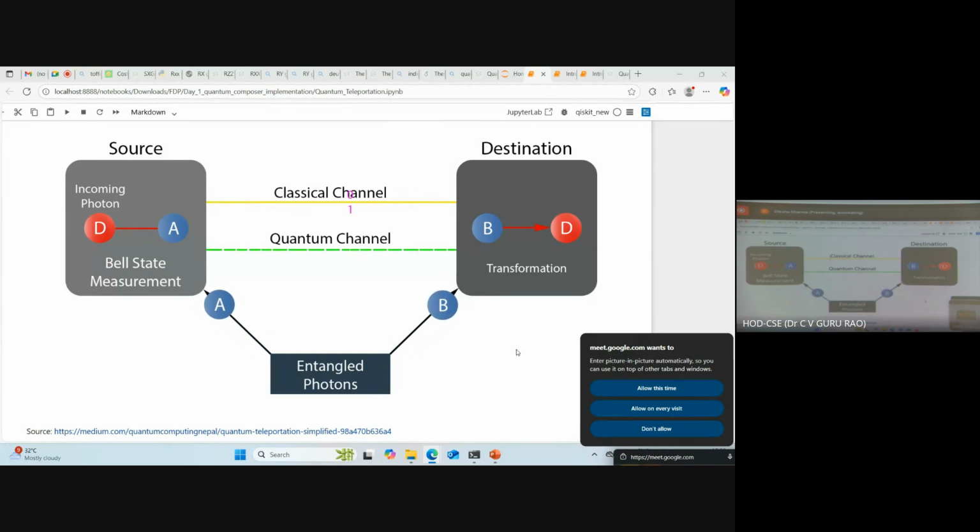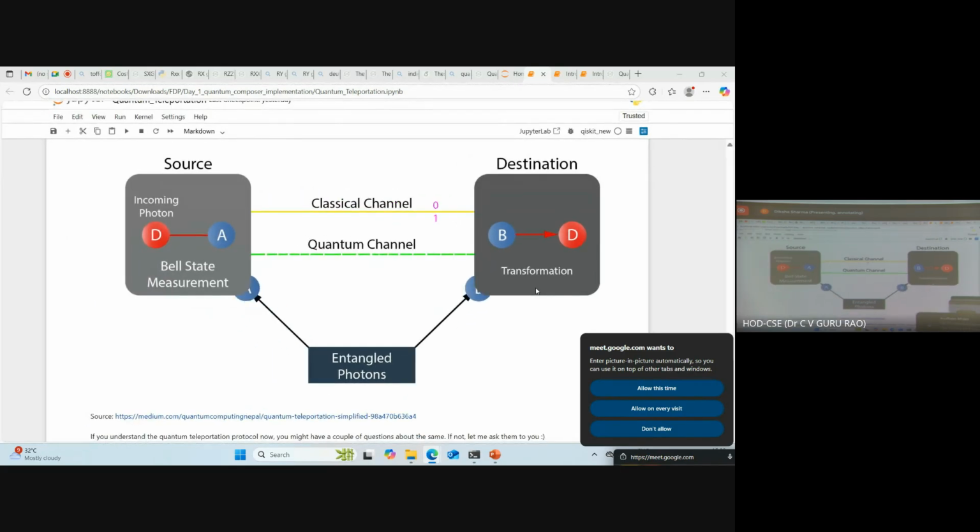So yeah, that data is moving. This is the classical channel, because after the operations, whatever operation the source does, it has to transfer some classical information to the destination, so that the destination can recover whatever information the source wants to send. That was not the classical information, that was some of the quantum information.